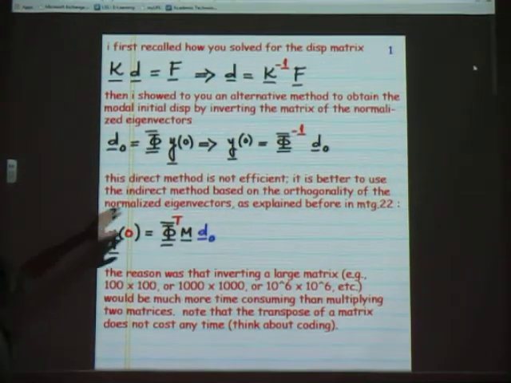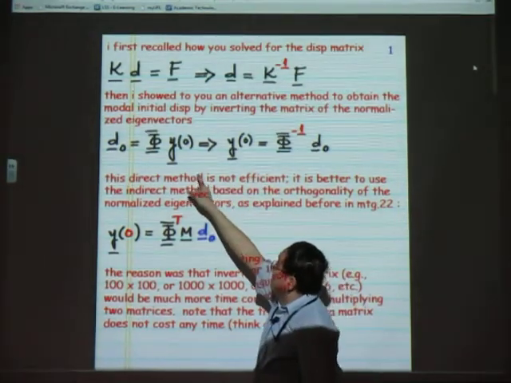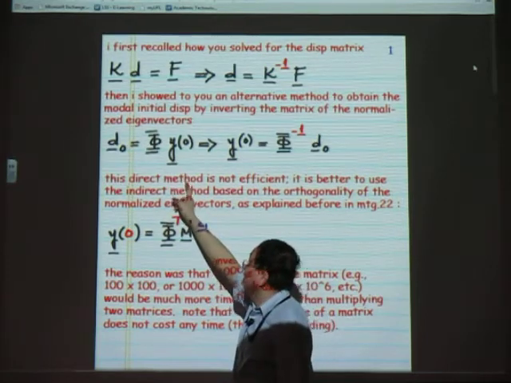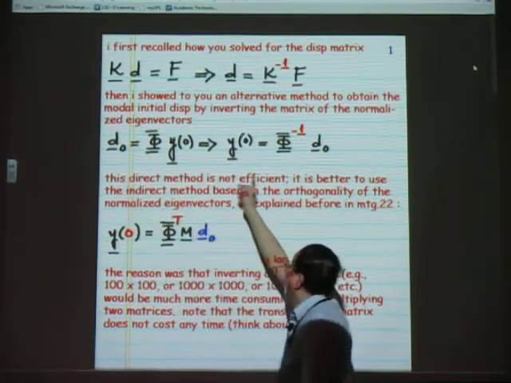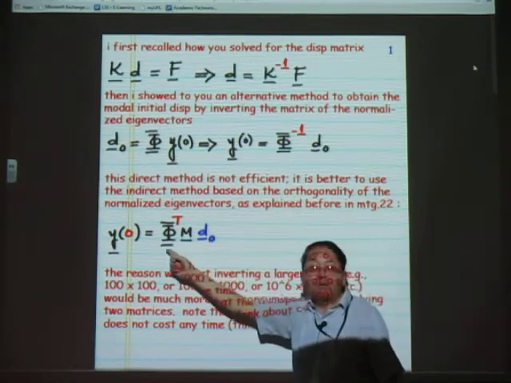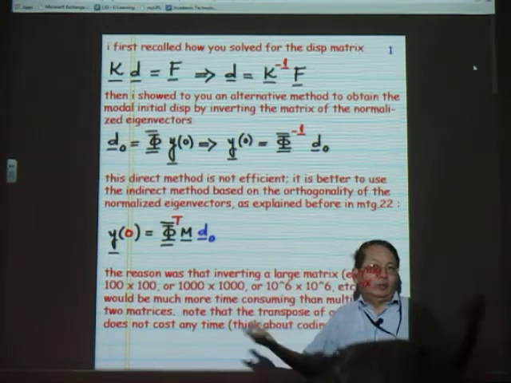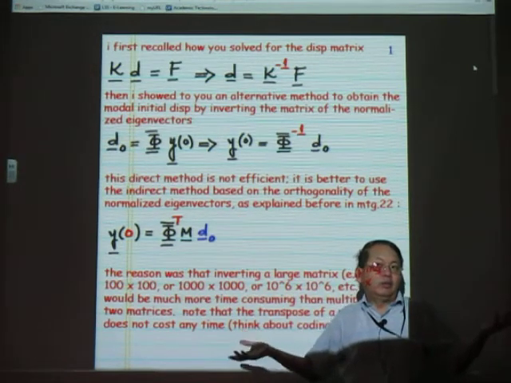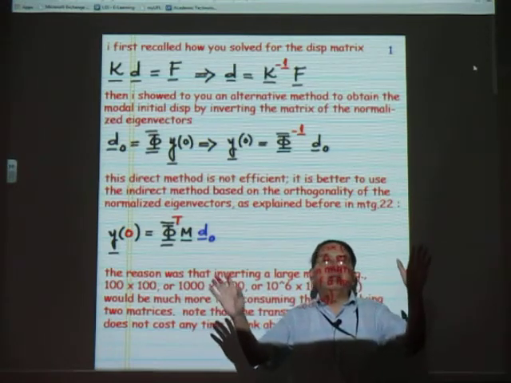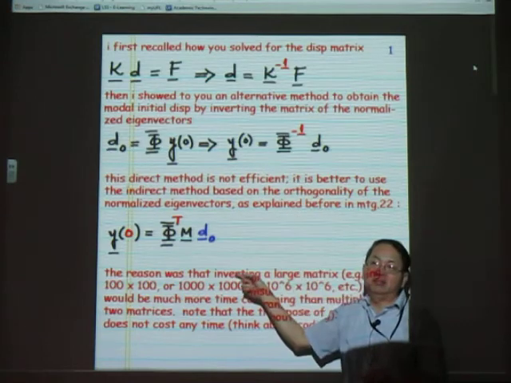I basically explained to you that to find the modal initial condition in terms of the initial condition, you can invert the matrix phi bar, or you can use orthogonality to obtain this expression. So then the question would be, first, why? Can someone remind the class why you want to avoid this, but use this?